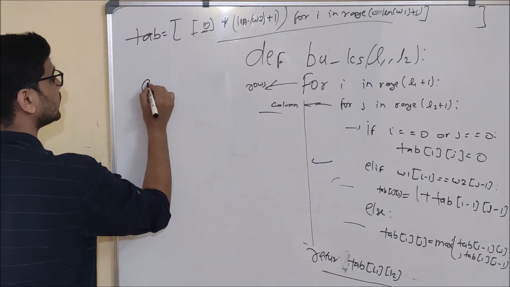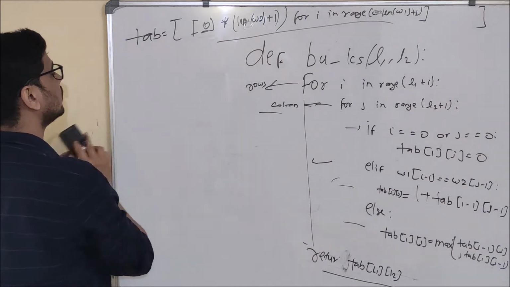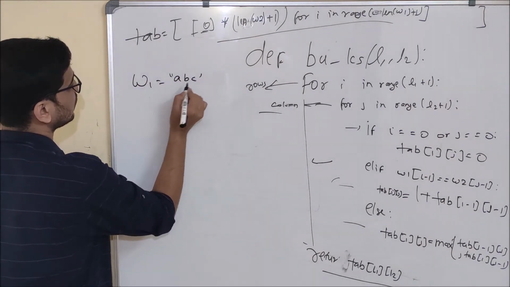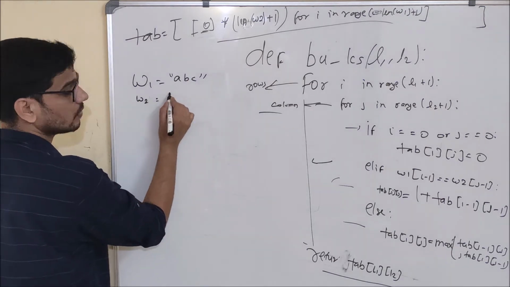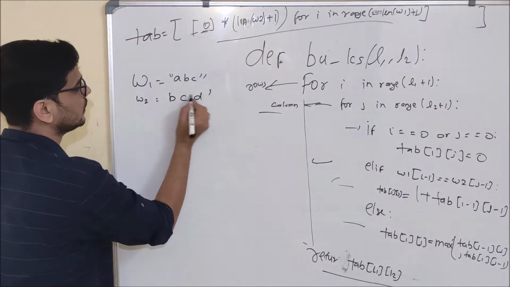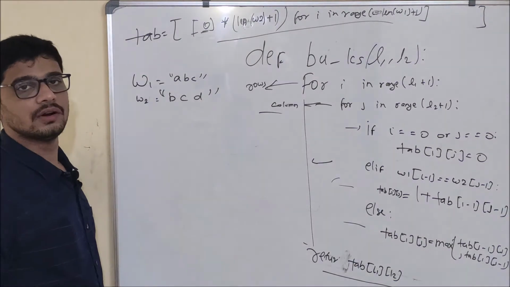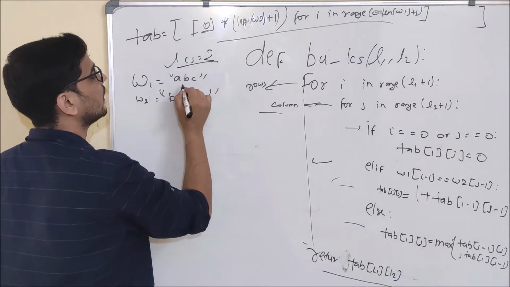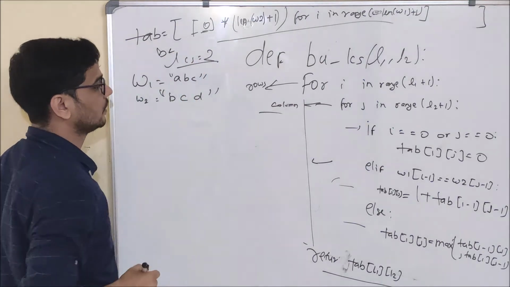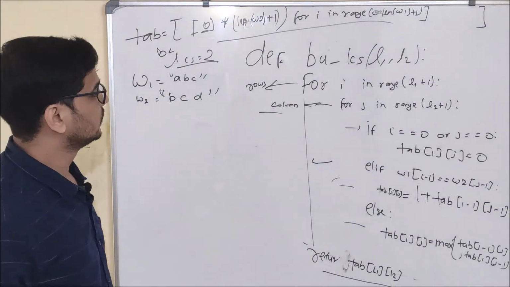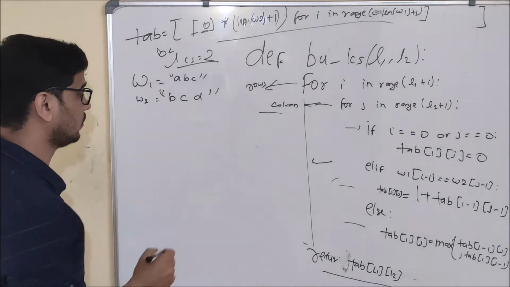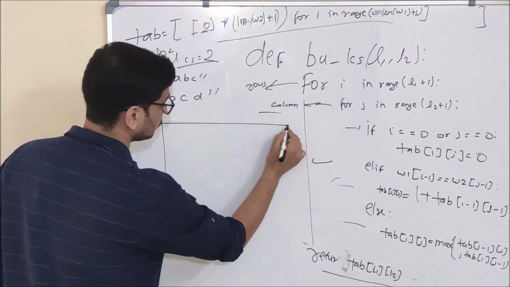Let's take an example of two words where word 1 is ABC and word 2 is BCD. As we can figure out, the longest common subsequence length will be 2, and that is BC. Now we will do a dry run of this code.